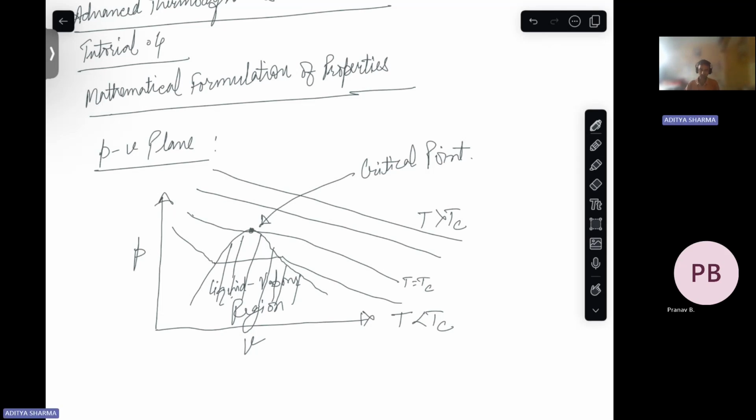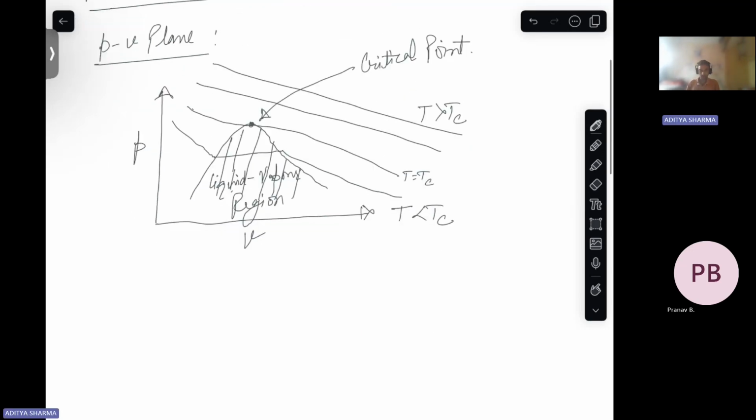So after that, we have a PT plane, right? So what happens in the PT plane?